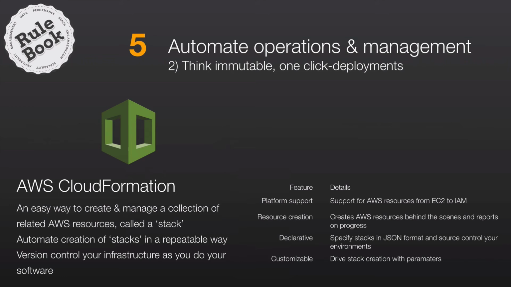It's an easy way to create and manage a collection of related AWS resources, which we call a stack. And once you've defined your stack in the AWS CloudFormation templating language and saved that in a JSON file, you can use that to automate creation of stacks in a repeatable way. And this allows you to version control your infrastructure as you do your software.